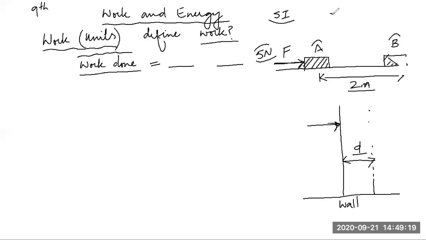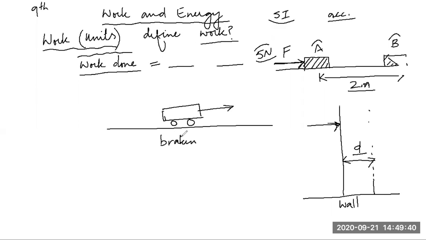In other words, we can also say something is getting accelerated. Let's say a vehicle is moving in this direction. Now we apply braking forces. There are brake liners which apply the braking force in the opposite direction.